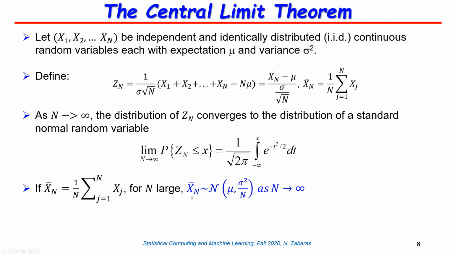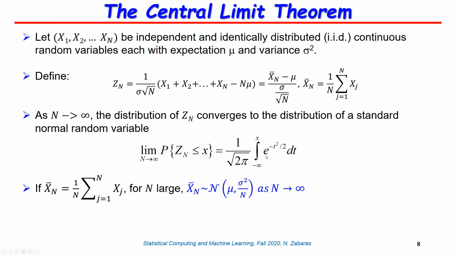Now, if you want to normalize the sample mean, I'm going to give you another statement, with maybe a little bit heavier notation, if you like. If you take a new random variable, so if you subtract from x bar n the true mean and divide it by the standard deviation of this distribution, which is sigma over square root of n, then this new variable zn follows a standard normal random variable.